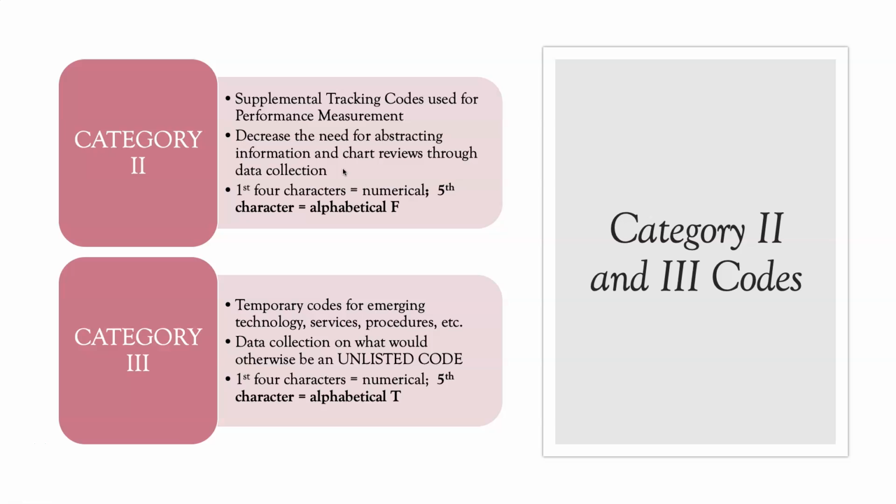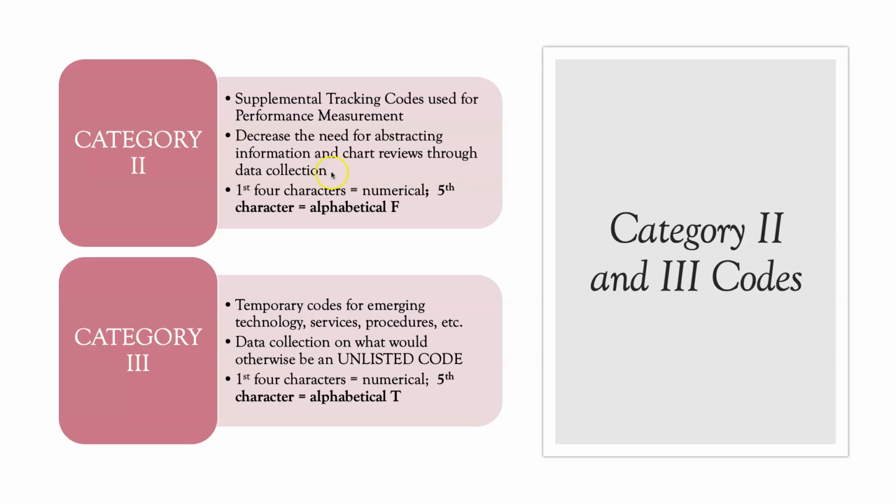So they capture things that are needed for performance improvement, for national reporting, for maybe even registries, public health, data collection, those types of things, or for insurance carriers to monitor what's going on. And it's a way that they can do it through a code rather than you having to send in information in addition.